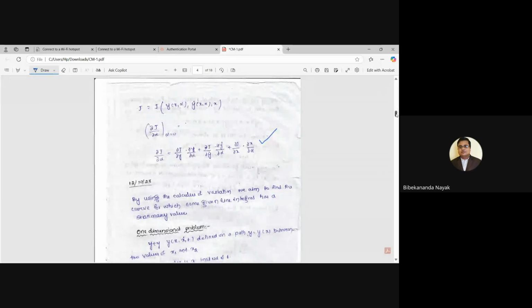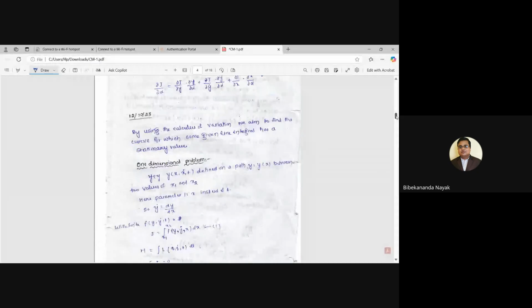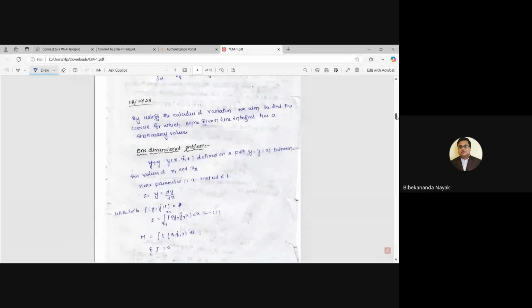So from this we can derive the Lagrange equation. For simplicity, let us consider a one-dimensional problem, with x, x dot and t, in the one-dimension case. So for our case J is a function of y, y dot, x.